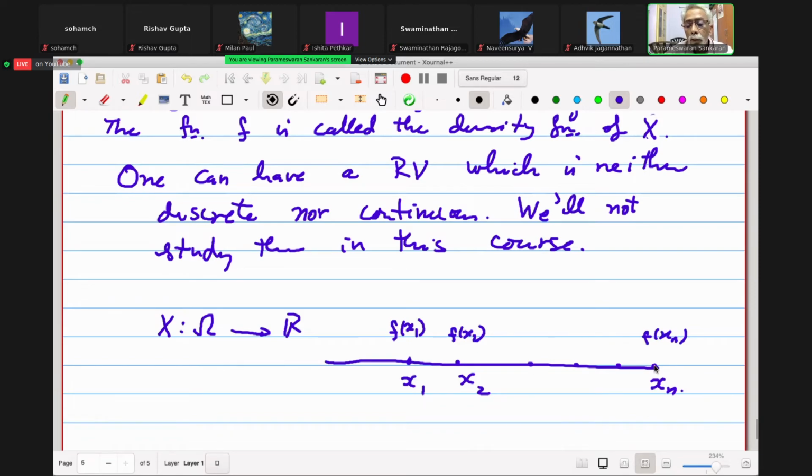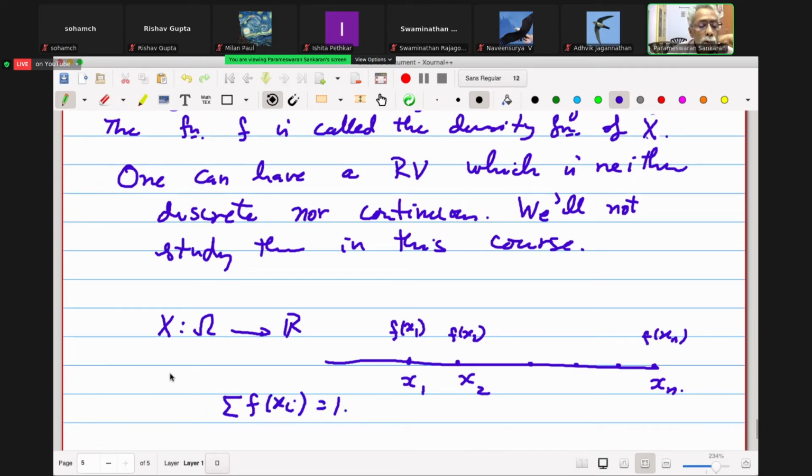Now these are going to be probabilities, and therefore the mass must of course be bigger than or equal to 0. And since x1, x2, up to xn are in the image of a random variable, we may as well assume that these are all positive, so none of these are 0. And then, of course, the summation of f(xi) has to be equal to 1.